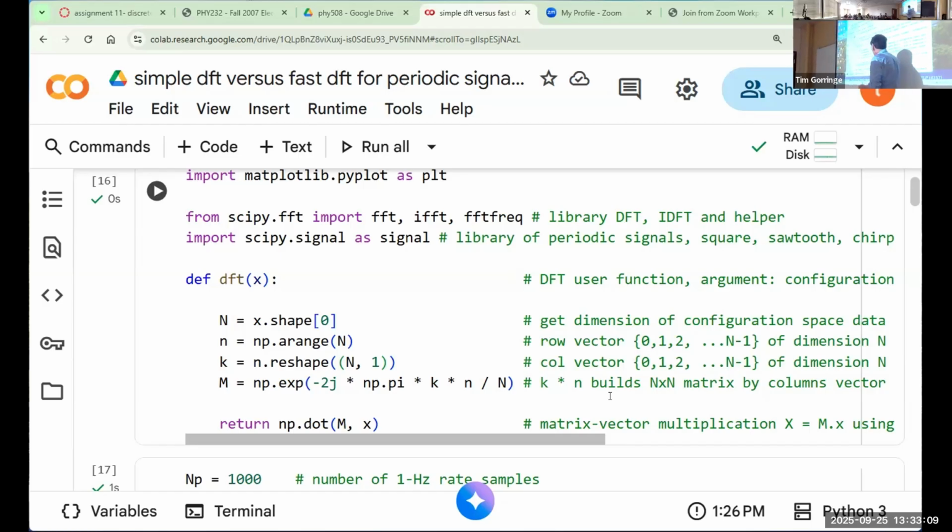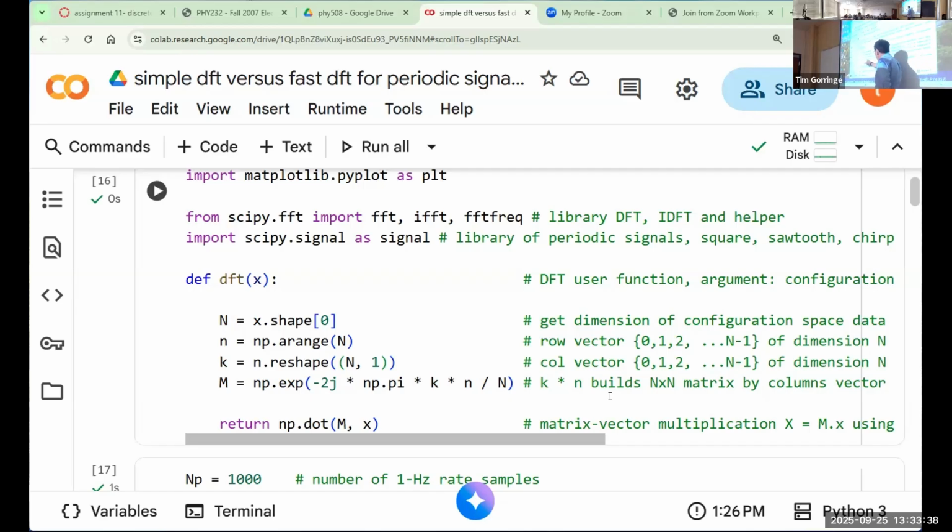And so this line takes those two vectors, a row vector and a column vector with the indices k and n, and constructs the whole matrix M for them in one shot. And it really is exploiting NumPy and how NumPy can handle variables, vectors to matrices and so forth.